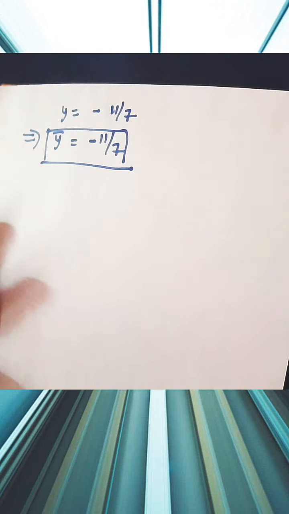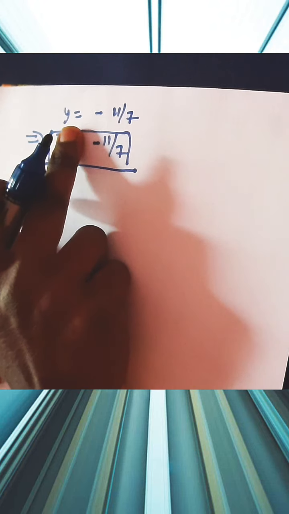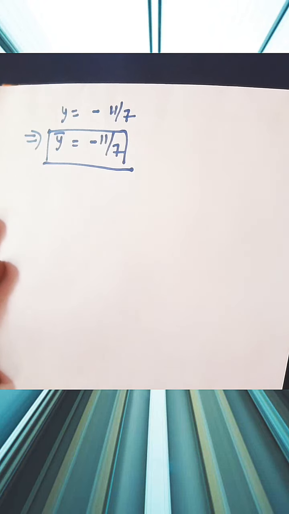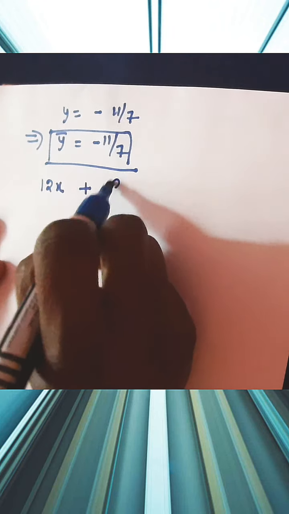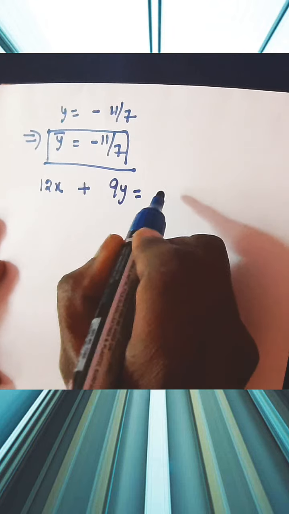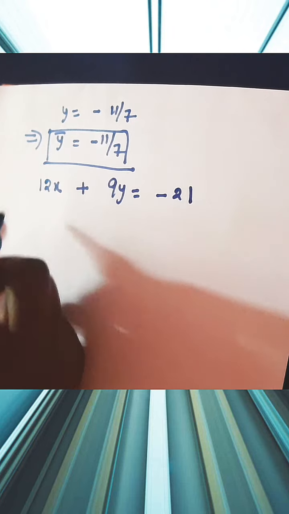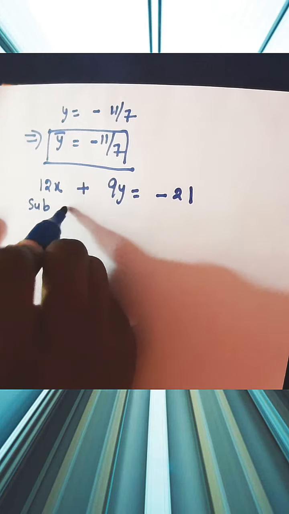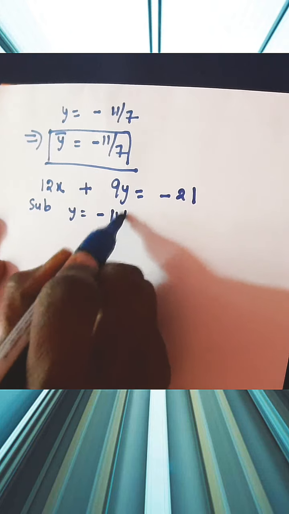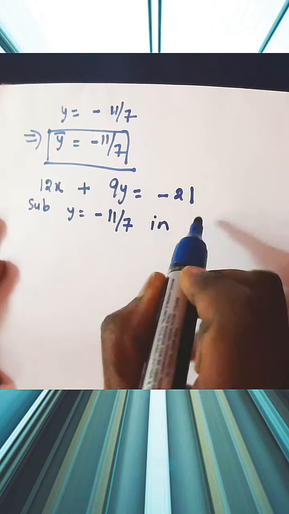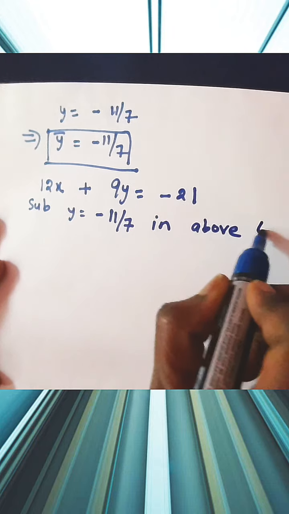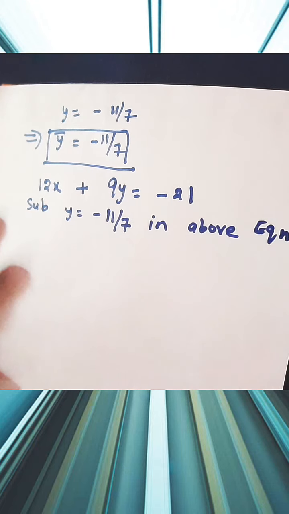Now what are we going to do? We are going to substitute the value of y in equation 1. What is your equation? After multiplying, you have 12x + 9y = -21. So substitute y = -11/7 in the above equation.